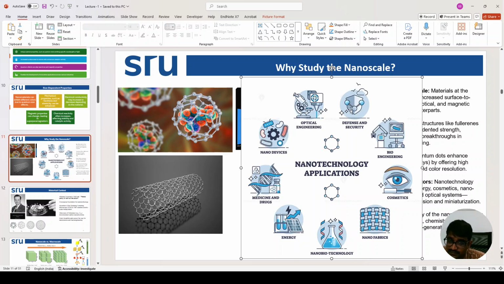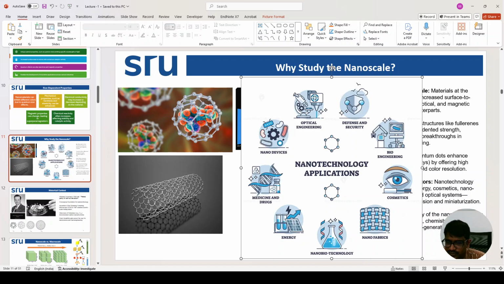We need it lightweight, and also very strong, because whenever it enters the atmosphere from space there is so much drag and so much force. It should sustain that, right? So in defense and in space, nanotechnology is very essential, very crucial.